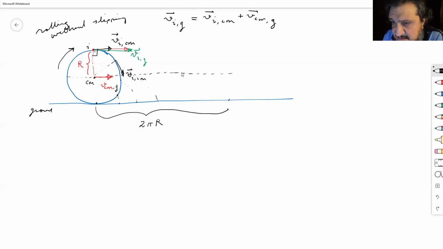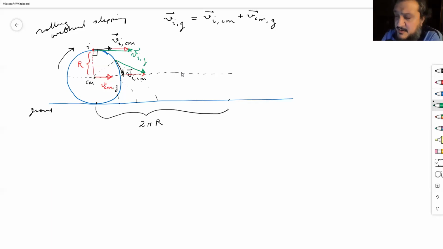Okay, that's here. But VCM is still to the right, of course. So here's VCM. And if I add those two, let me use green again, will give me a vector that points this way. Okay, so if you trace the points that I travels as the thing rotates, you'll get this interesting graph that goes like that.